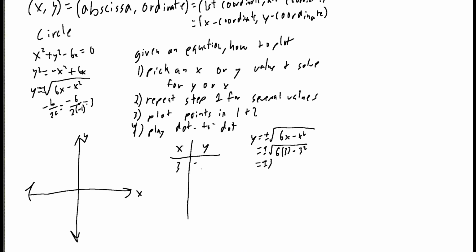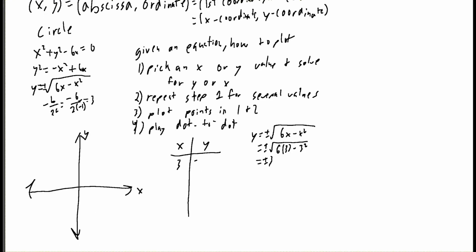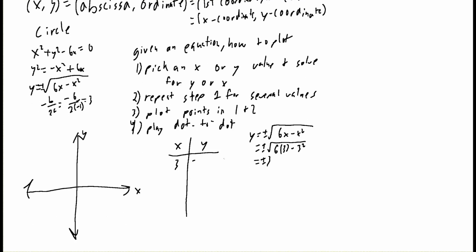Oop, don't move that around. Okay, I don't want to move things around. Plus and minus 3. Okay. Going out from there, I'm going to try 2. We have that y is equal to plus or minus the square root of 6 by 2 minus 2 squared, which is 4. 2 by 6 is 12 minus 4 is 8.